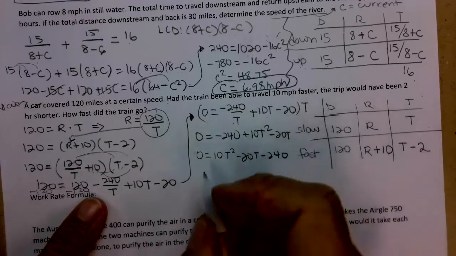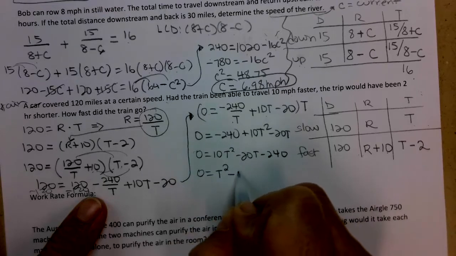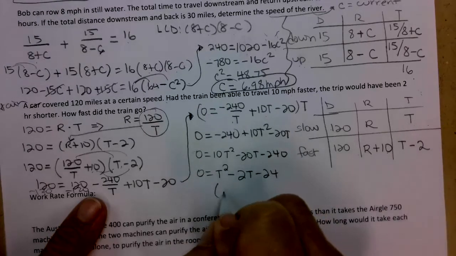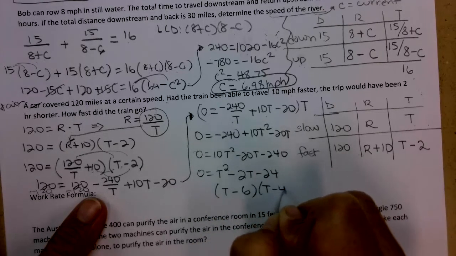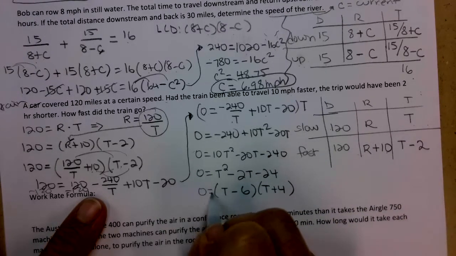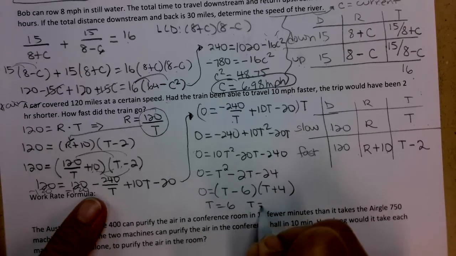Divide everybody by 10 just to make my numbers nicer. So t squared minus 2t minus 24. Factor: t minus 6, t plus 4, sorry. So t equals 6, or t equals negative 4.